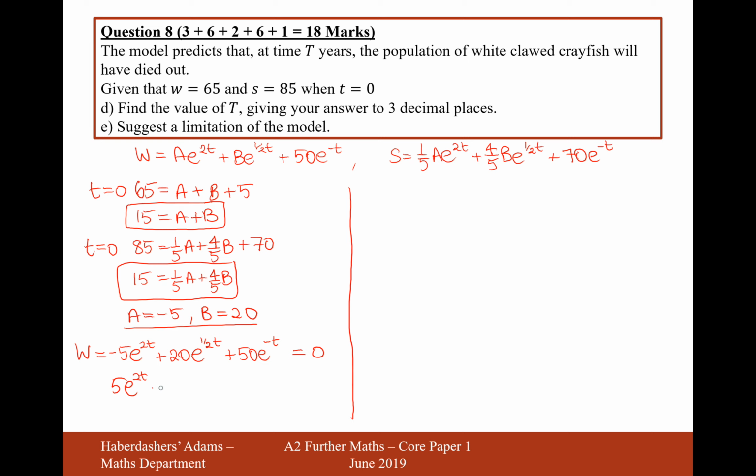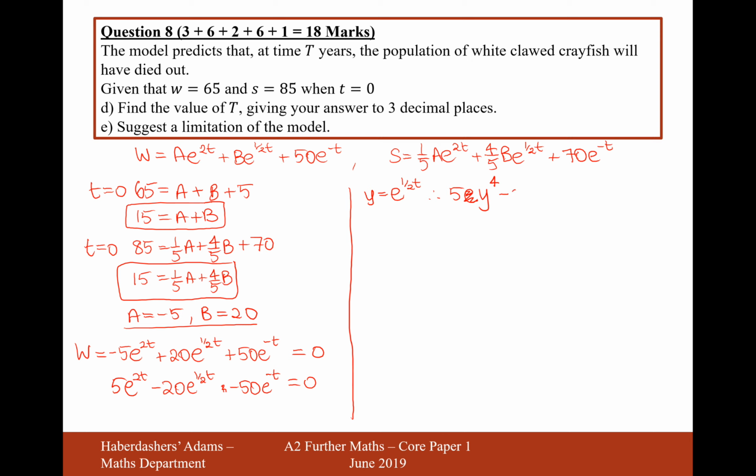So that would be then 5e to the 2t, minus 20e to the half t, and then minus 50e to the minus t equals 0. Okay, I think what we'll have to do is, if we try and set y equal to e to the half t, then we'll just see where that gets us. So it'd be 5y, we're turning all this into y. So e to the half t is y, so I need this to be to the power of 4.